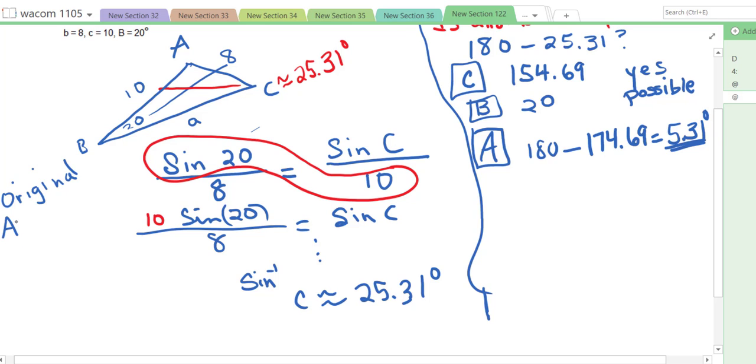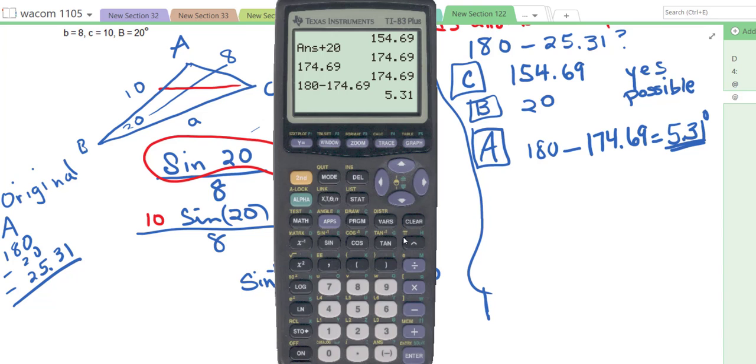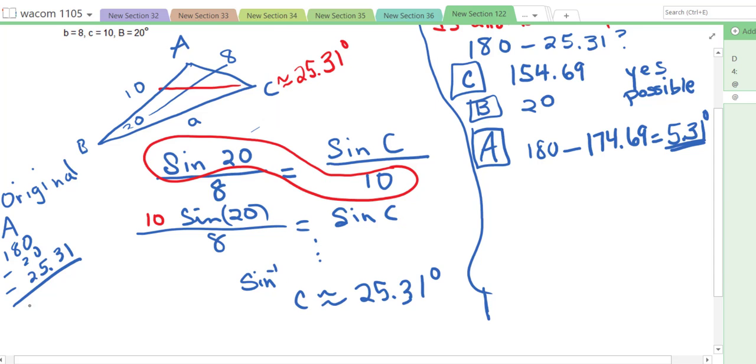So our original A will be 180 minus 20 minus 25.31. 180 minus 20 minus 25.31, 134.69. All right, so that's on our original.